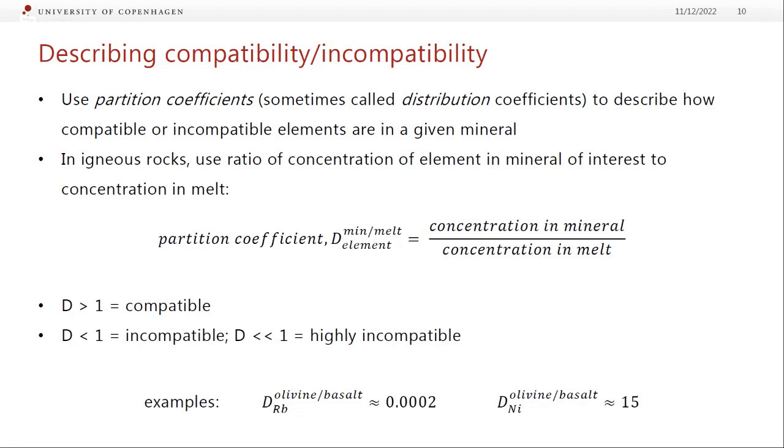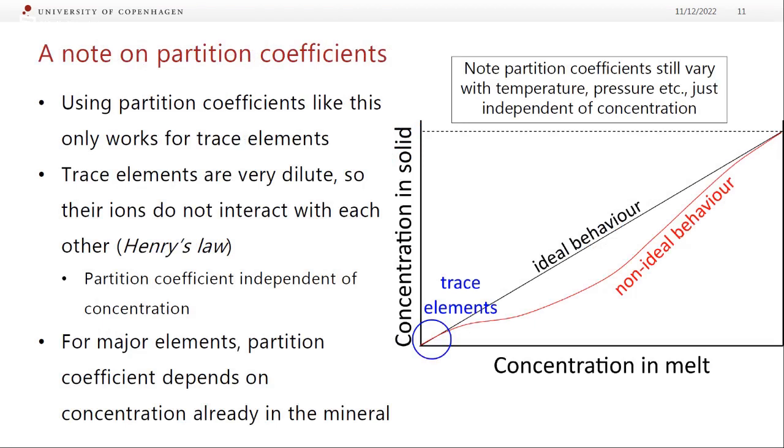If we had a rubidium concentration of 50 in the basalt, then we would get some concentration in the olivine, and if we double the concentration in the basalt, we double the concentration in the olivine. So these different rubidiums are not affecting each other, and so we can use this linear relationship down here. But that all falls apart at high concentrations, so this is kind of why trace elements are more useful to deal with for this stuff than major elements.